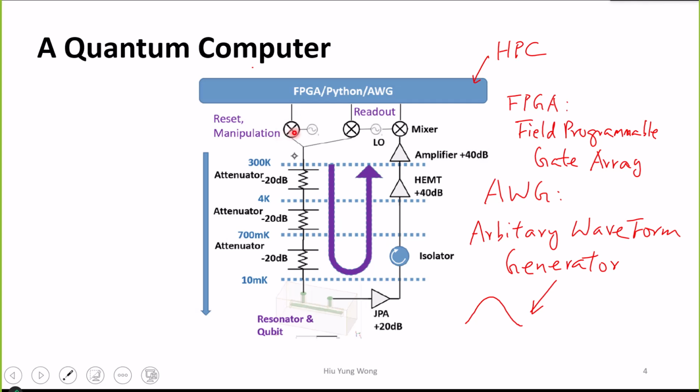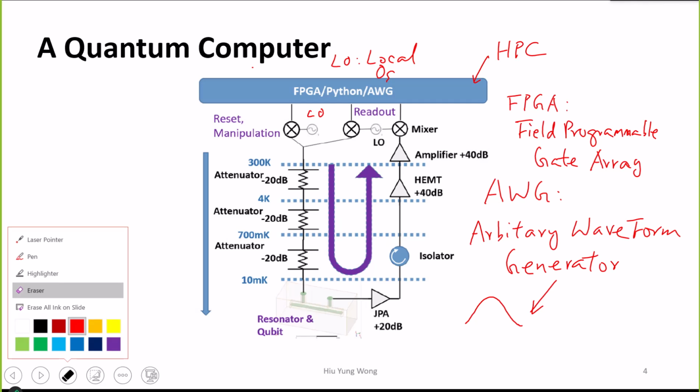So what you will do is generate a low frequency pulse and go through a local oscillator. LO is the local oscillator. And those who have taken RF electronics know what it is. It is very important. It's just a high quality oscillator, right?